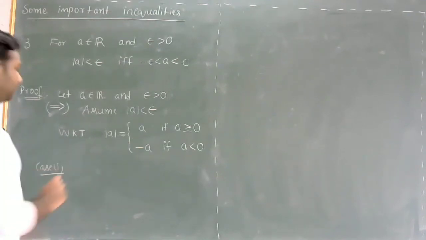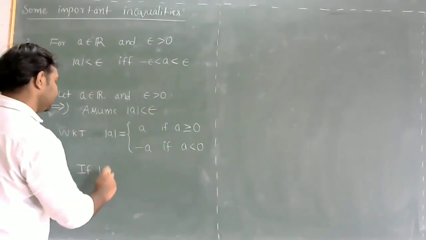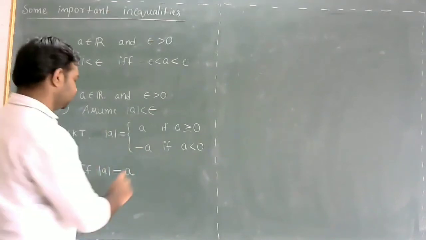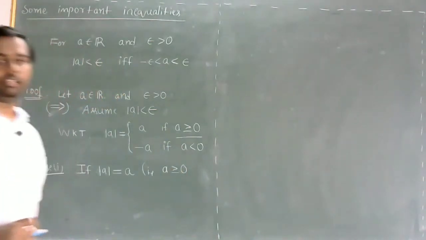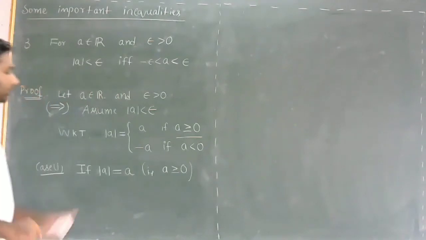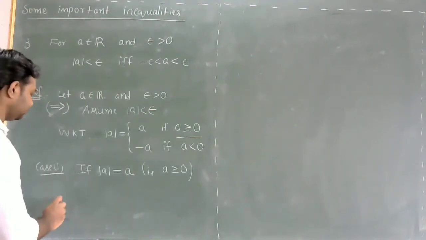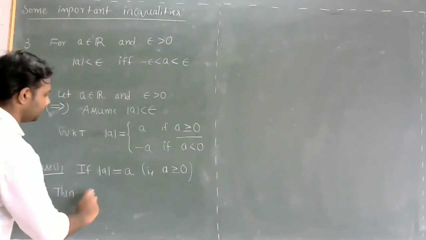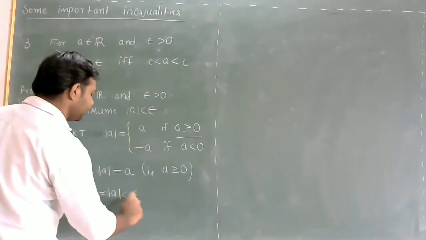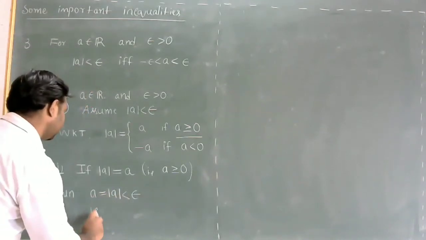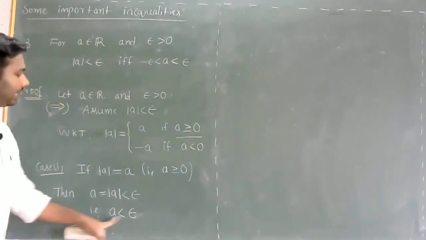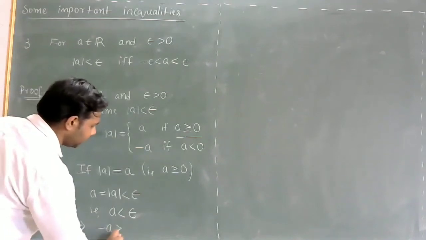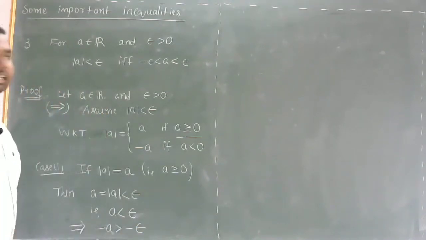So case 1, if modulus of a is a, that is, if a is non-negative. Then as a is nothing but modulus of a, and modulus of a is given to be less than epsilon, that is, a is less than epsilon. Which implies, as a is less than epsilon, minus a will be greater than minus epsilon.